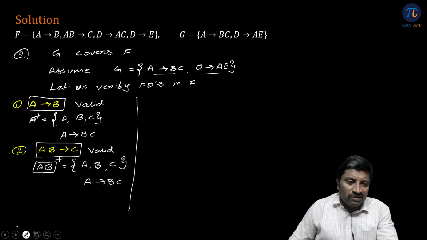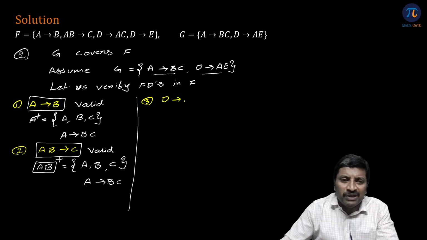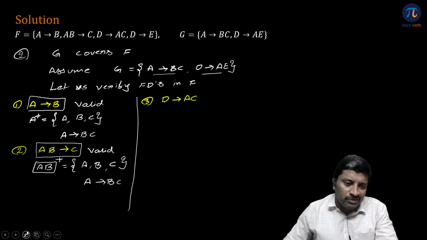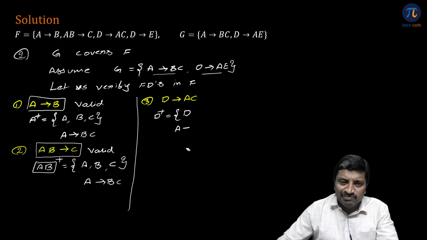Let us verify the third functional dependency. What is the third functional dependency, sir? That is D implies AC. Of course, it is also not directly present in G. So the only option is to find the closure of D. With D, I can get D. And I have a functional dependency D implies AE.